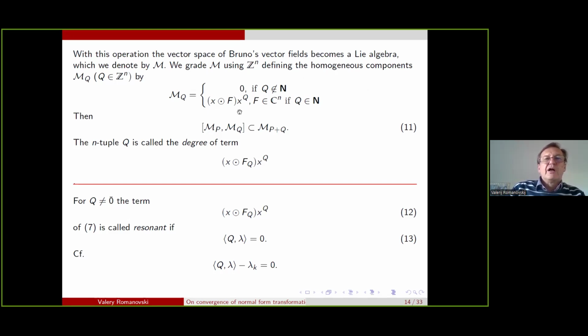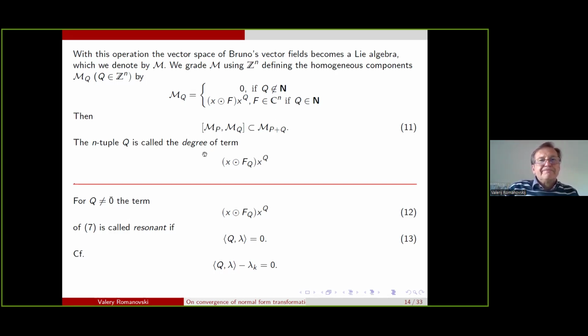Every homogeneous polynomial of degree q looks in this way. And you see that we have this grading equality, so from this equality we see that we have a graded Lie algebra.